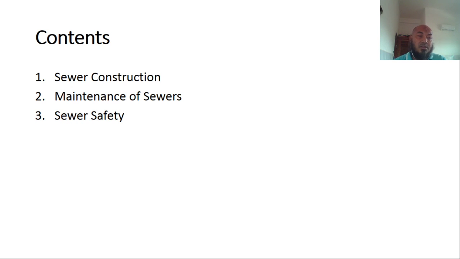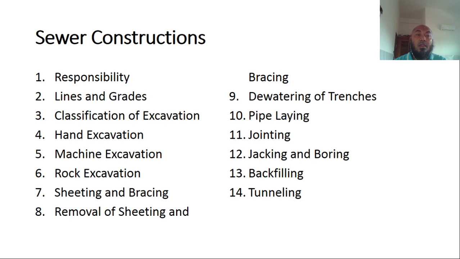For the safety, I mean, what are the do's and what are the don't's we should be aware of. Okay, so let us discuss the sewer construction. In the sewer construction, I list down 14 points that we should be aware of.